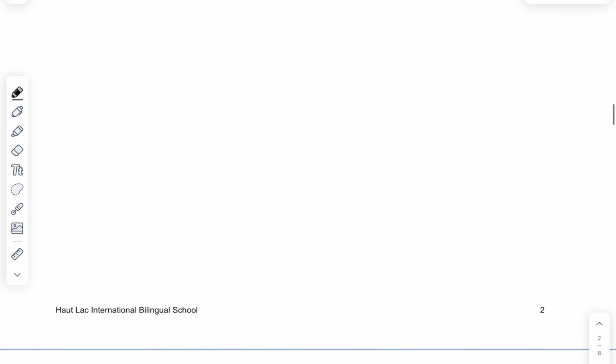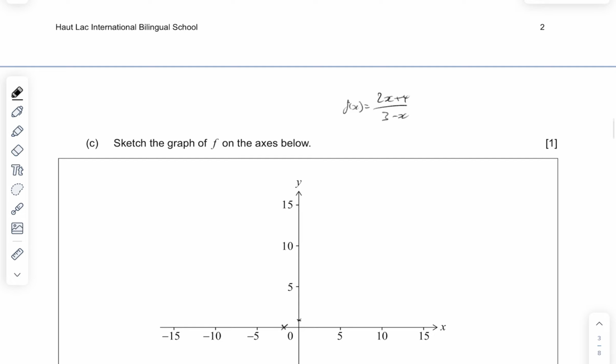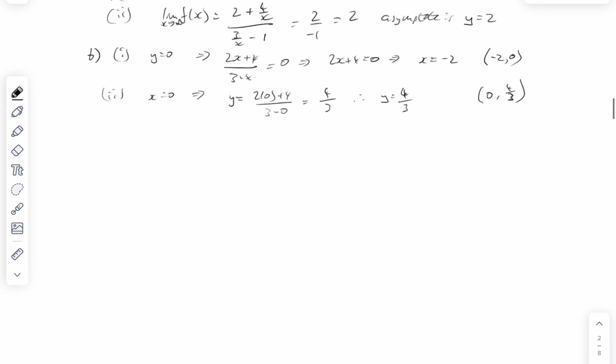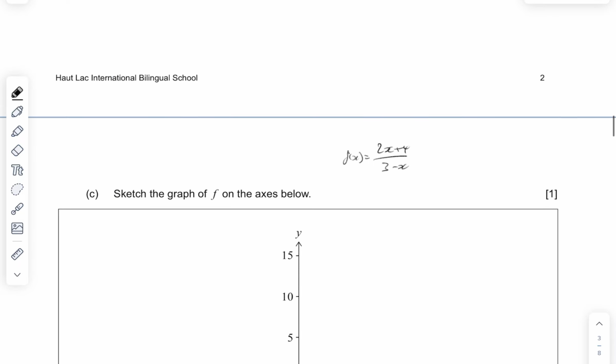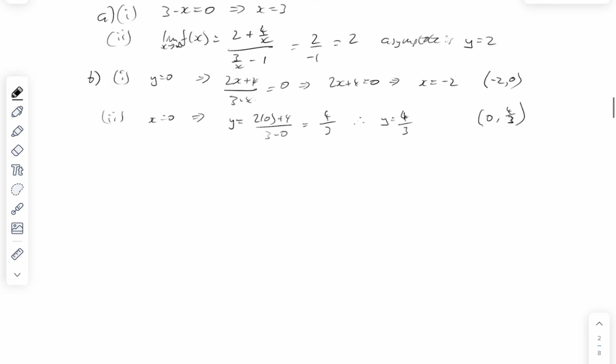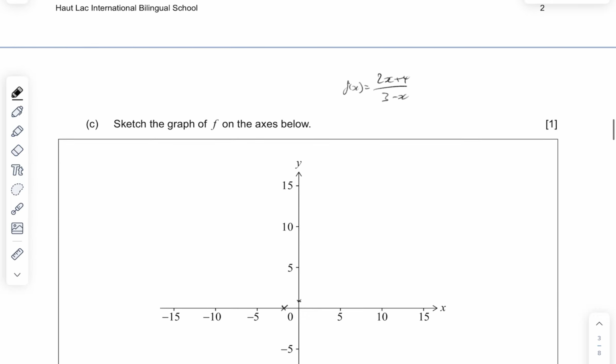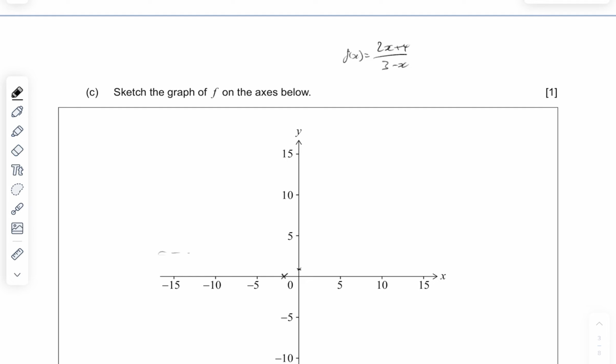I can see the asymptotes at y equals 2, sorry, no, the asymptote is at y equals negative 2.